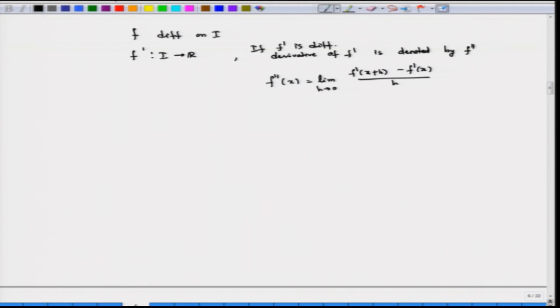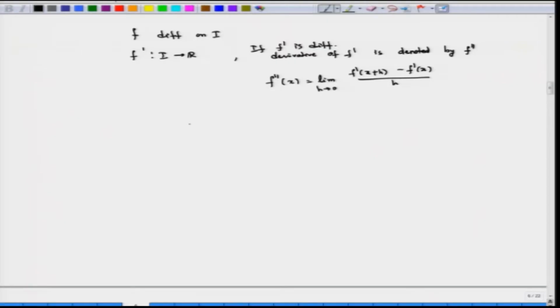So now f prime is again a function. If f double prime is also differentiable, then we can talk of the derivative of f double prime. We will denote it by f triple prime, and so on. Sometimes you will find various symbols. For example, with the Leibniz notation, if y equals f of x, then you have y prime, or dy by dx.